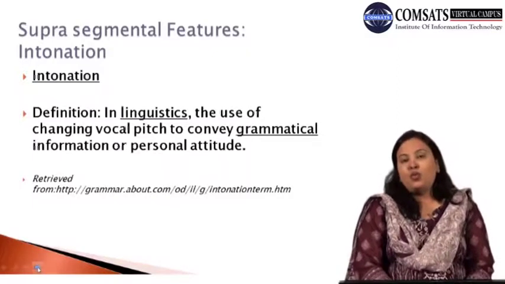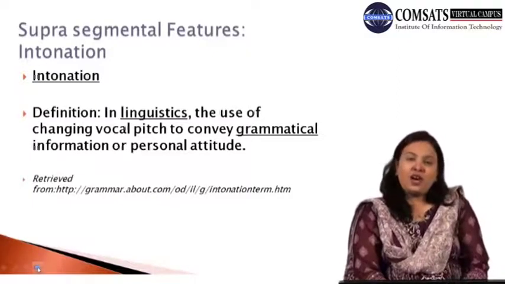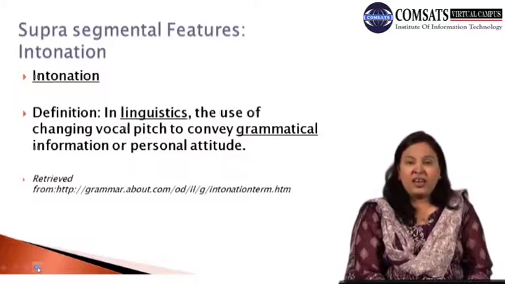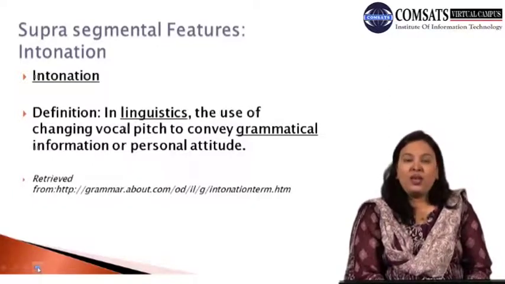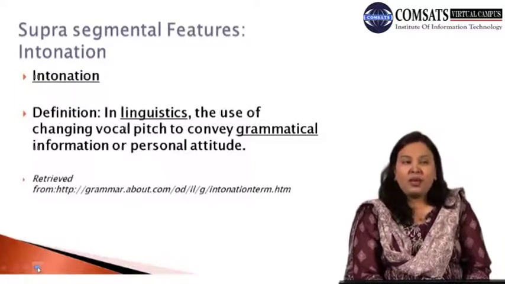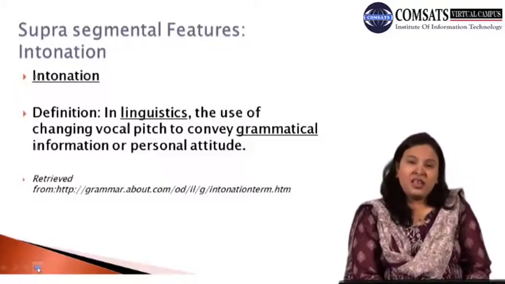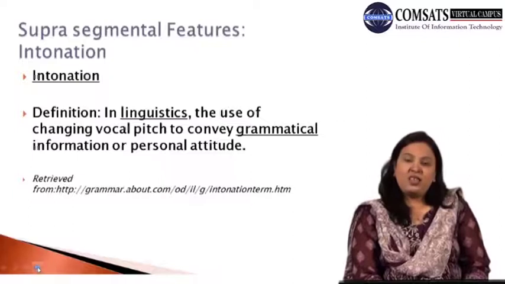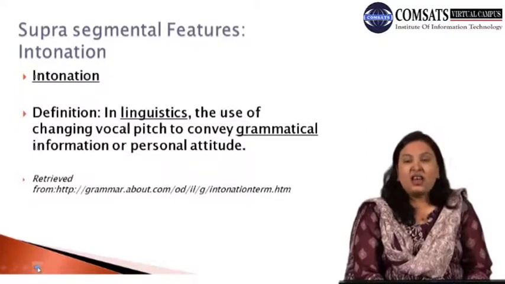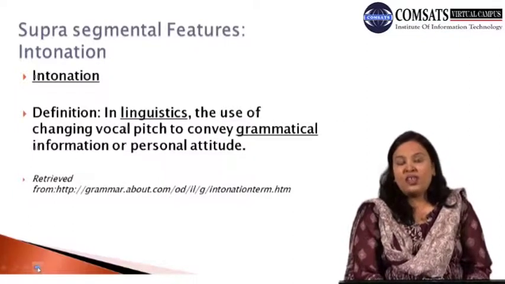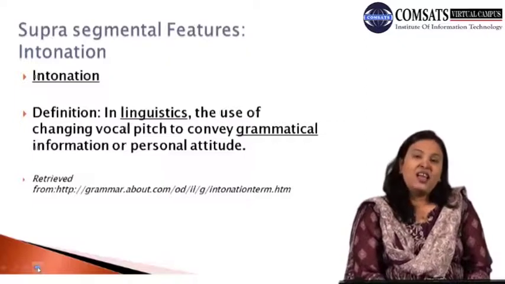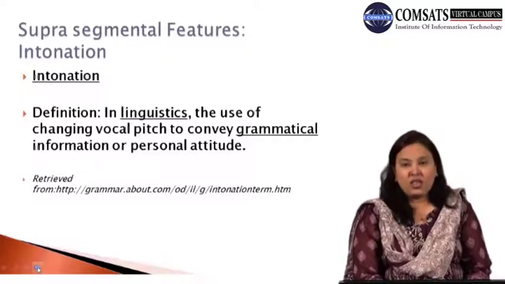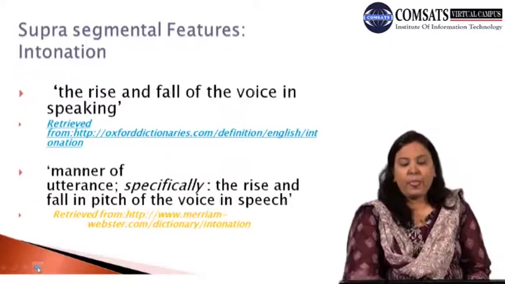Sometimes, to make grammatical parts of a sentence clear, or the grammatical aspects of a word clear, we make use of the fall and rise in our pitch. Or sometimes we want to convey our personal attitude, and again we make use of the rise and fall of the pitch. And such usage of pitch is known as intonation in linguistics.